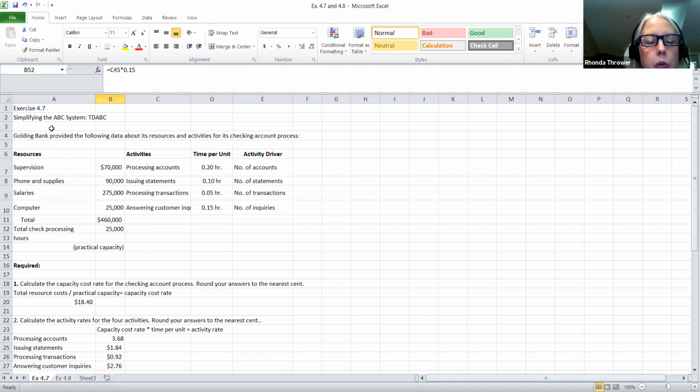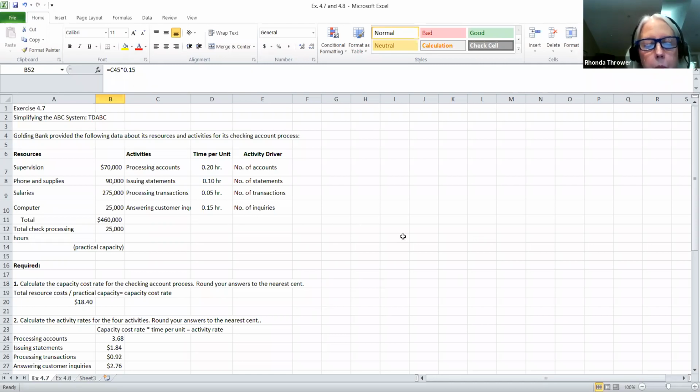One of the steps that we will eliminate by using the time-driven activity-based costing is the interview step. And so it'll save us some time in calculating the cost if we use the time-driven activity-based costing method.